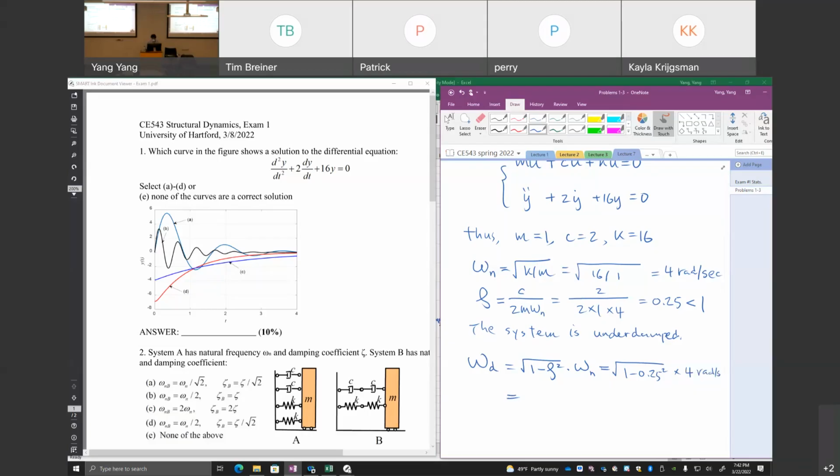So we can quickly get the solution for this one.